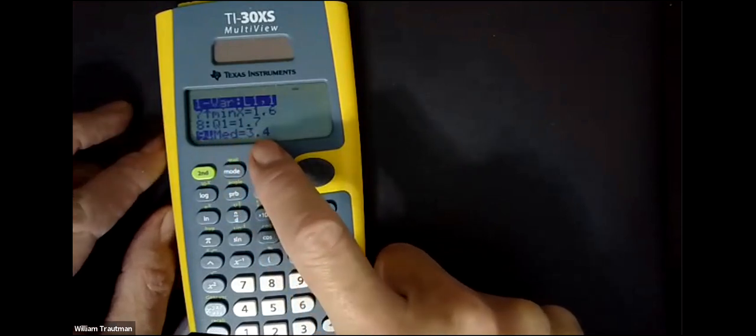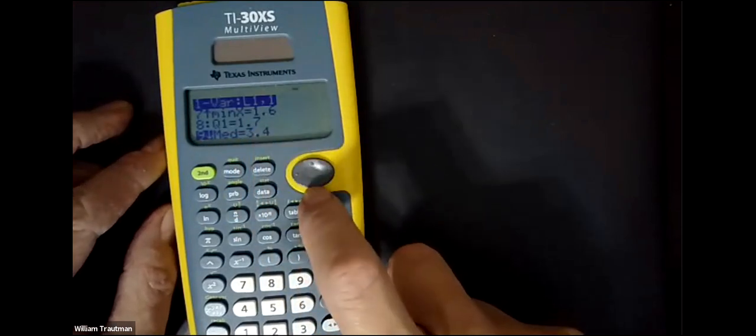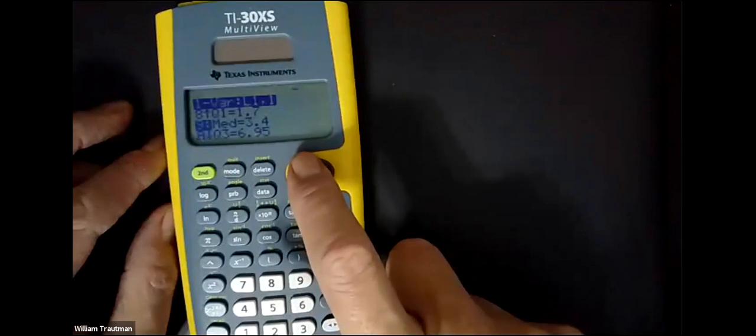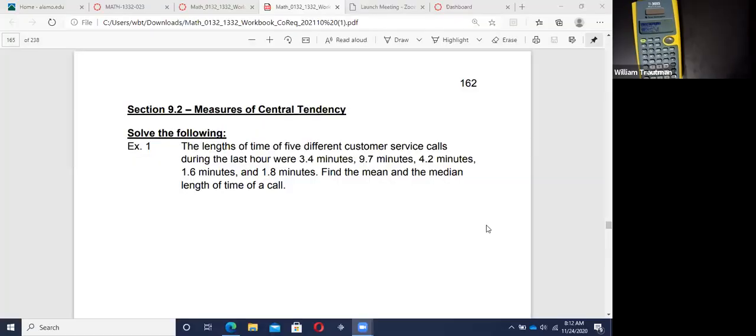The median is 3.4. So do you see how number 9 is the median, MED, on the calculator, and the median is 3.4 for this problem. The same thing we calculated. Median stands for which piece of data is in the middle when you put them in order. Okay, let's try the next question.